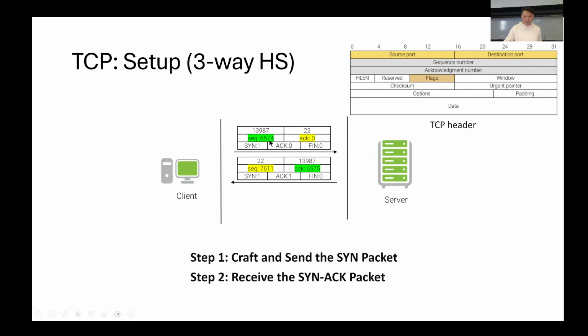So 6574 becomes 6575. And then lastly, the client acknowledges that response, with the sequence and acknowledgment numbers being the previous sequence number from the server plus one. So this green color affects each other and the yellow color affects each other. Increase by one.